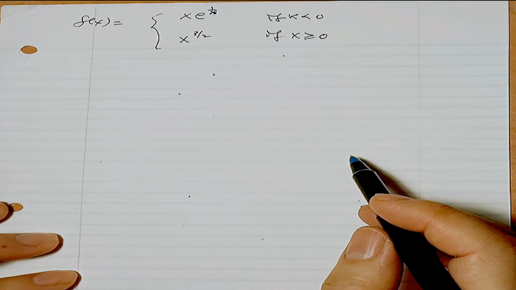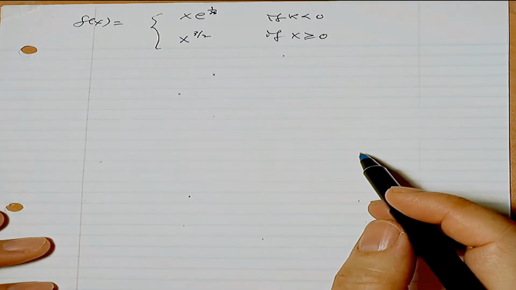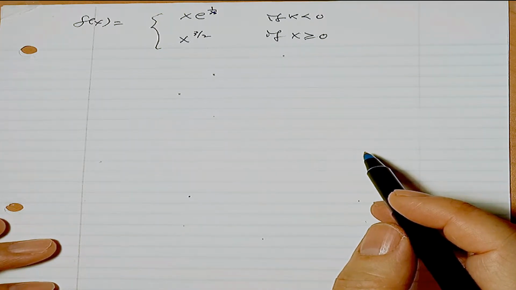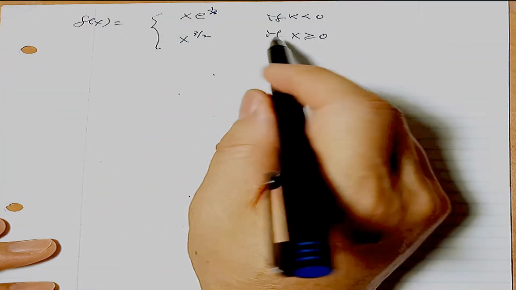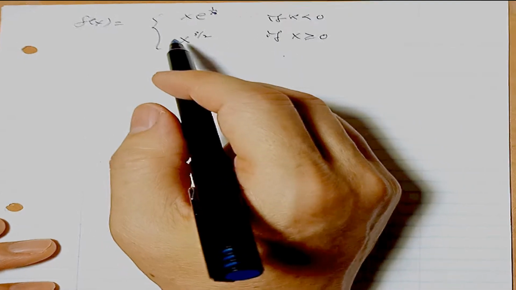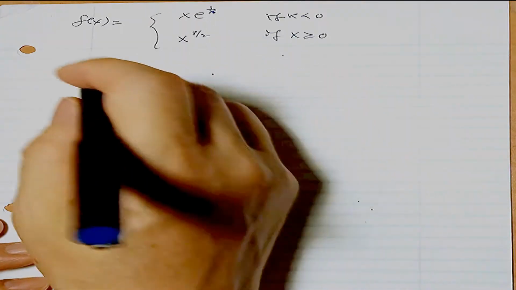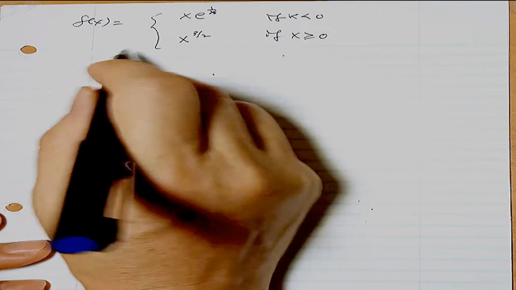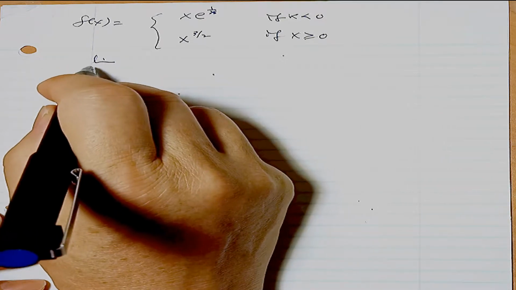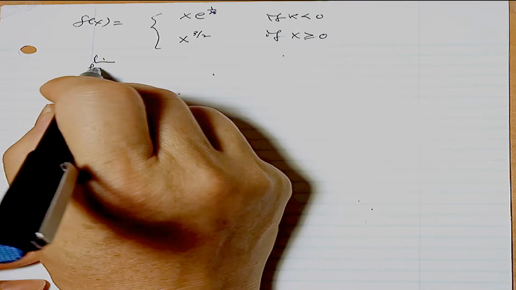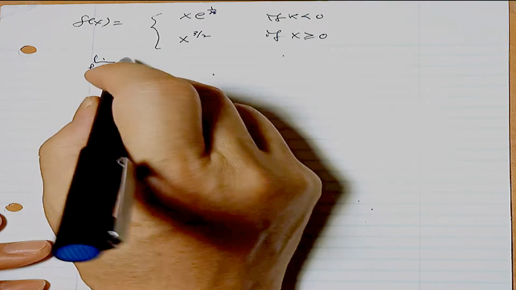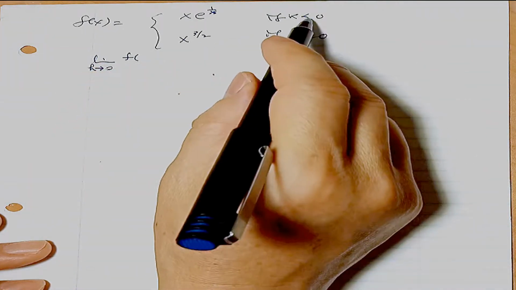So you need to know whether or not the derivative as x approaches 0, because 0 is the division point, from the left and from the right happen to be equal. Differentiable has two connotations. One is that the limit, we are talking about 0, right?